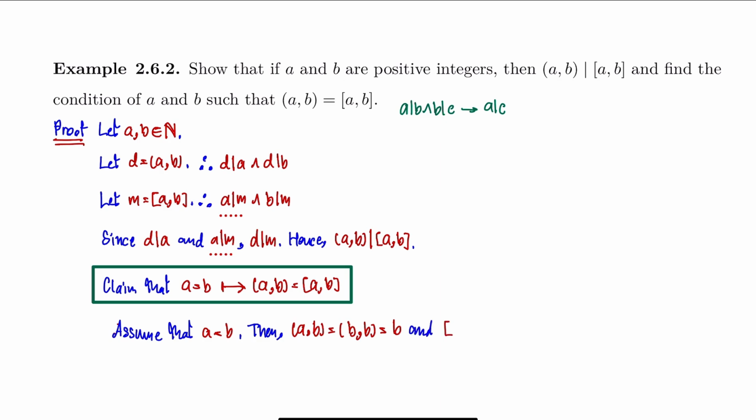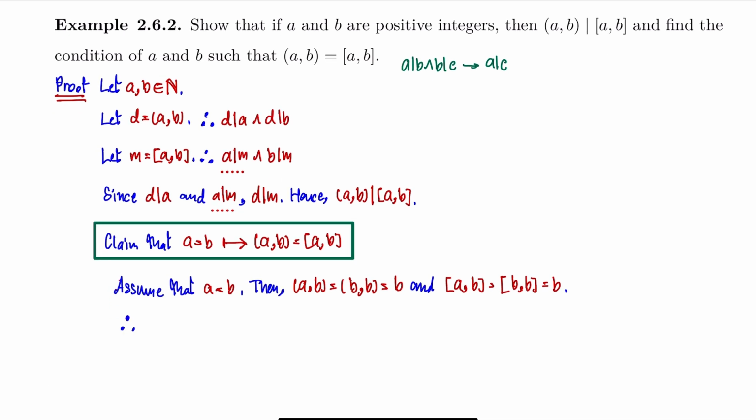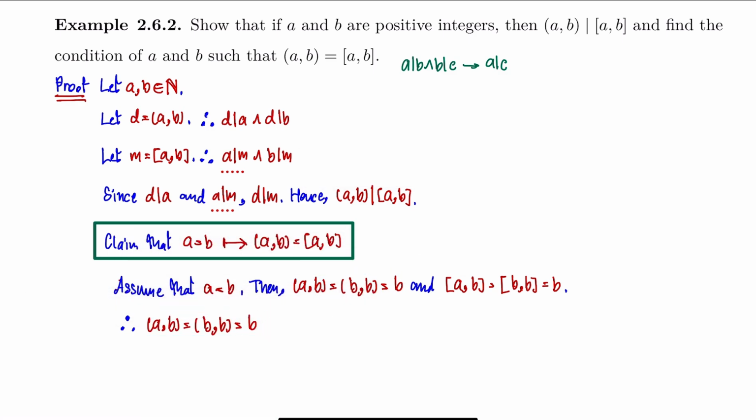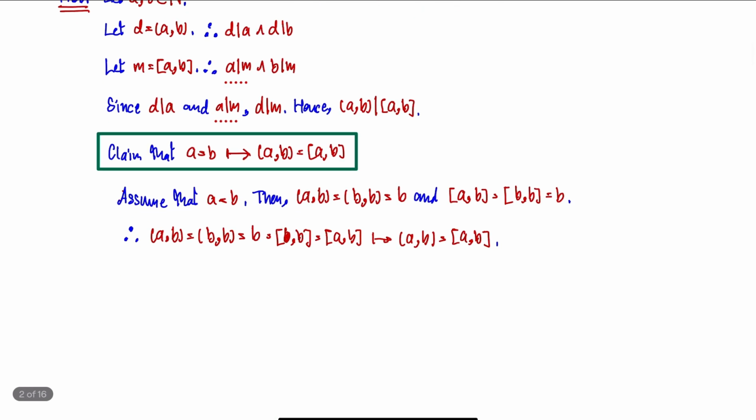And the least common multiple of A and B, since A is B, is the least common multiple of B and B, which is just B. So the greatest common divisor of A and B is B, which is the least common multiple of B and B. And since B is A, it is the least common multiple of A and B. So we have shown that the greatest common divisor of A and B is the least common multiple of A and B.